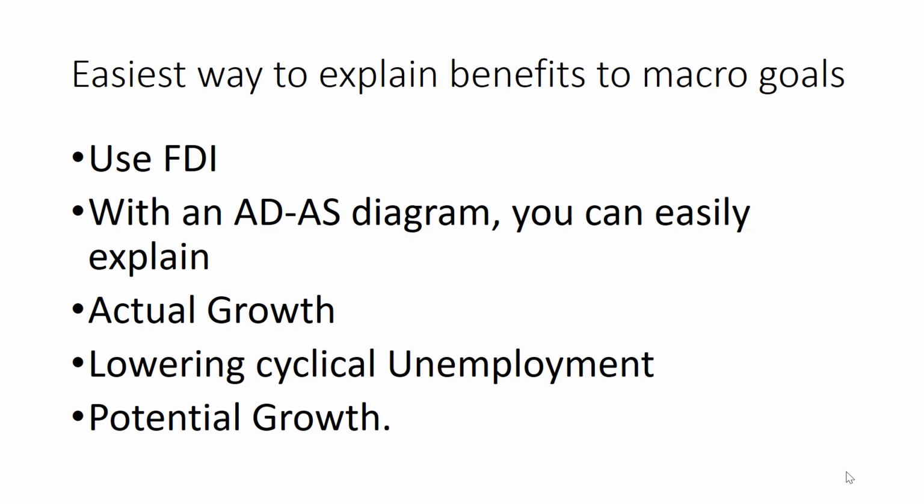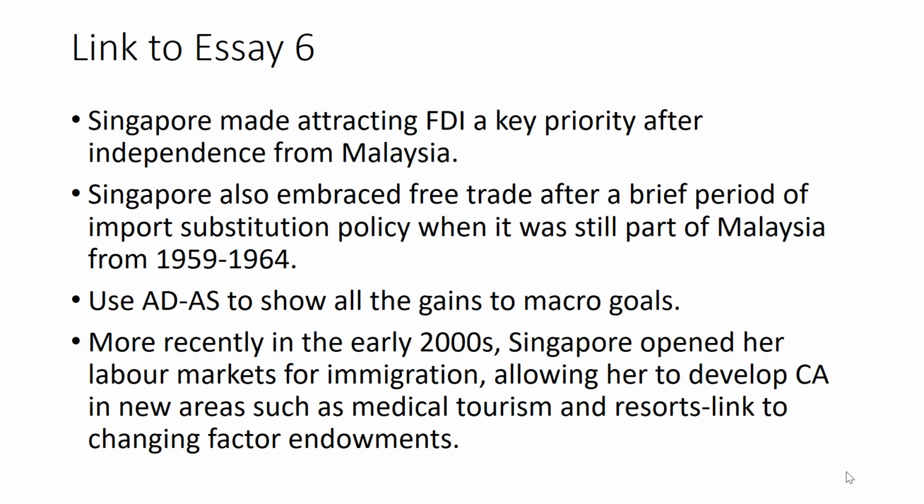And finally, investment in the long run will tend to translate to more capital goods. So when there are more capital goods that comes in, and even with technological flow, you can also explain that there will be potential growth in the long run. So you'll shift the LRAS to the right. You can see that easily by using FDI and ADAS, you can hit already a few of the macro goals all at once.